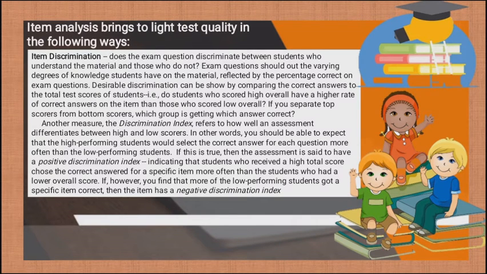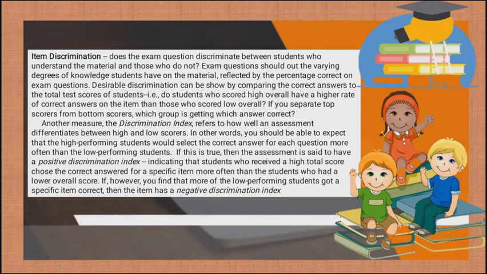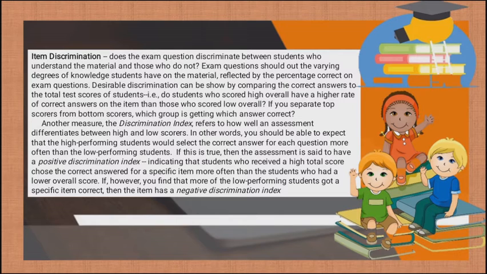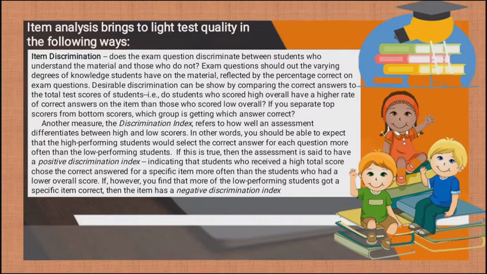And this would indicate that the students you would expect were the ones who got the answers correct. But certain things can happen. If you would find that none of the low performing students got the specific item correct, then the item would have a negative discrimination index.